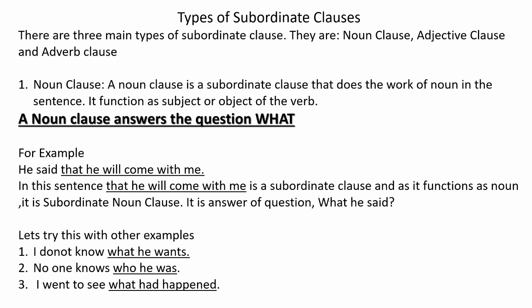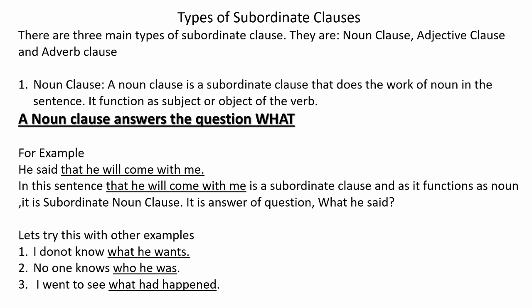Now form a WH question that will give the subordinate clause as the answer. So, what I do not know. What he wants. Second, no one knows who he was. Who he was is a subordinate clause. So the WH question will be what no one knows. The answer is who he was.